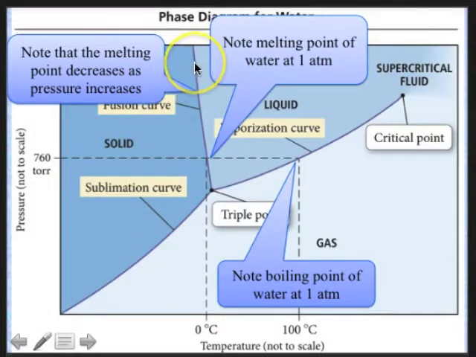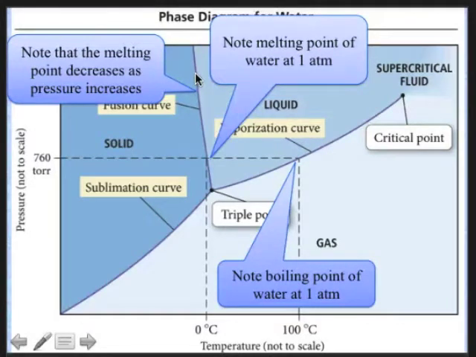This is extremely unusual. Usually, for almost all other substances, you put it under pressure and the melting point increases. But with water, you put it under pressure and the melting point or the freezing point decreases.